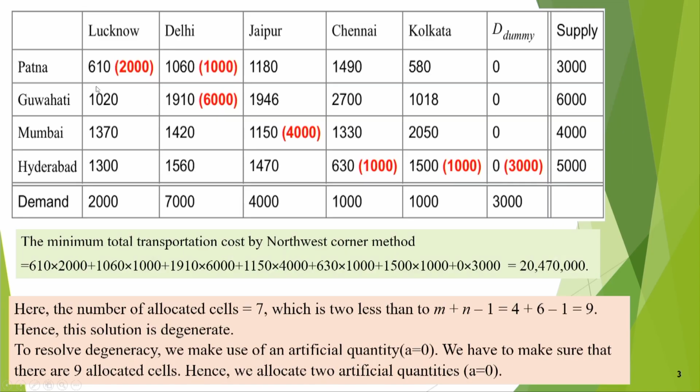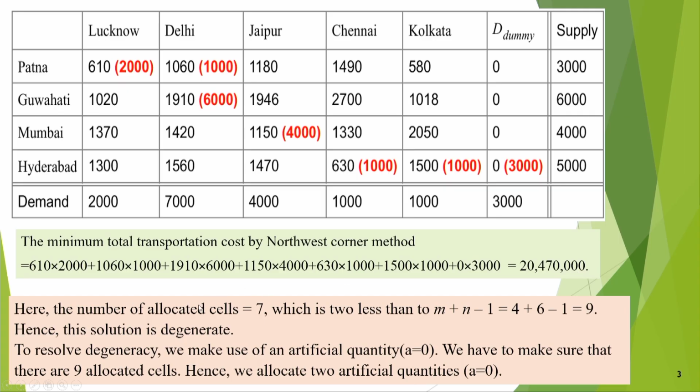Now, what we did is we made the dummy one, and by northwest corner method we got this type of allocation: 2,000, 1,000, 6,000, 4,000, but we see that we have got only 7 cells filled, 1, 2, 3, 4, 5, 6, 7, while we need basically 9. So, minimum total transportation cost by northwest corner method came out to be this much, 2 crore 4 lakh 70,000.